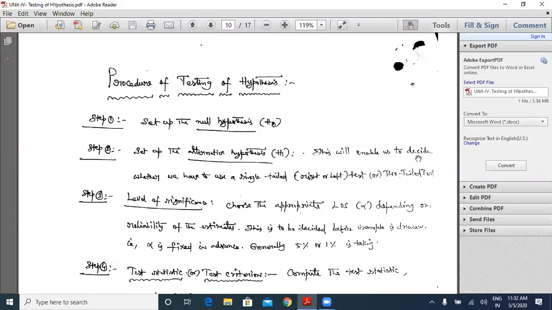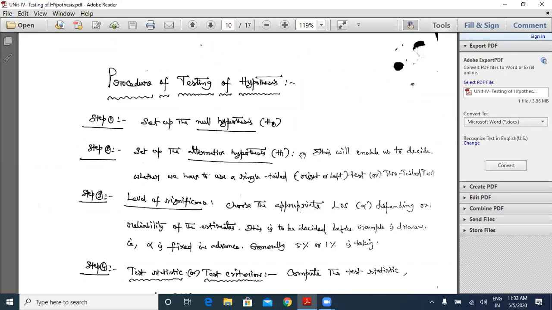This will enable us to decide whether we have to assign a single tail test, that is a right tail test or left tail test, or a two tail test. Suppose H1 is x bar greater than mu, you take the right tail test.